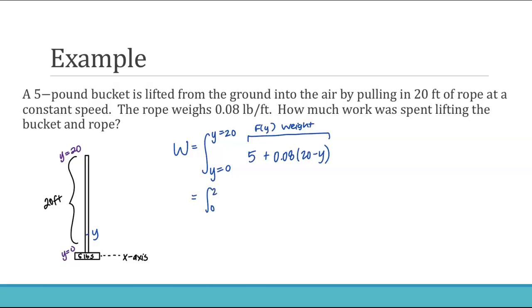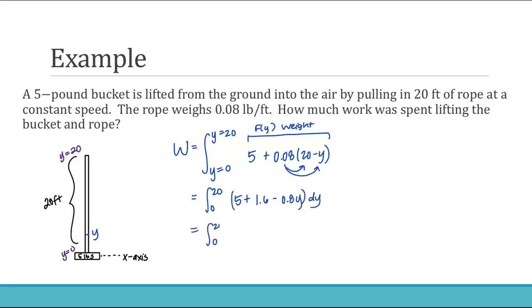So the integral from 0 to 20 of 5 plus 1.6 minus 0.08 times 20 minus 0.08y, so I can distribute that in first. Then I can gather my like terms.